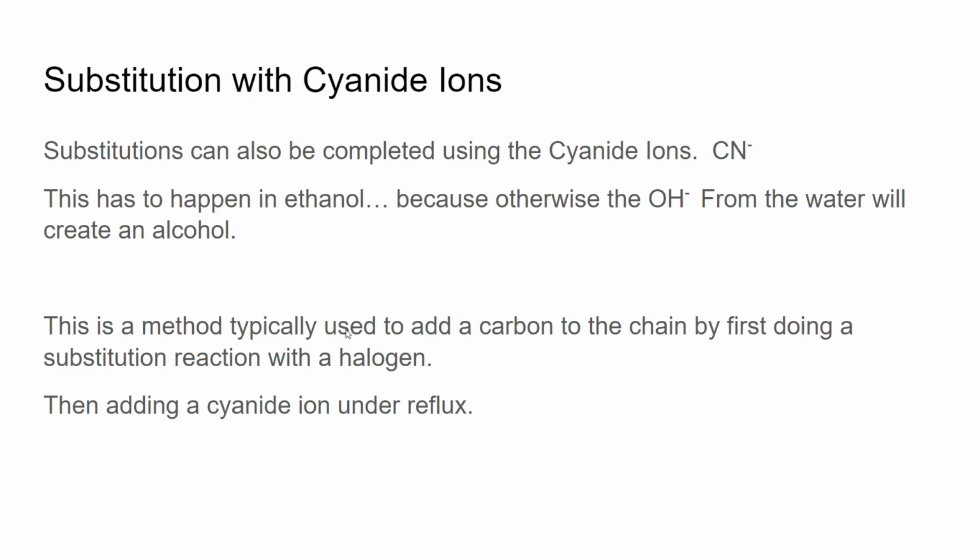Okay, this is typically the way that we add a carbon to a small chain, because we're essentially adding a carbon straight to the carbon chain. So first we turn it into a halogen, and then from there we'll go ahead and add the cyanide ion under reflux.